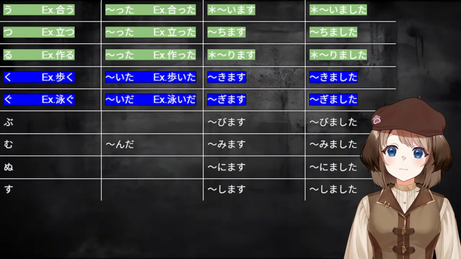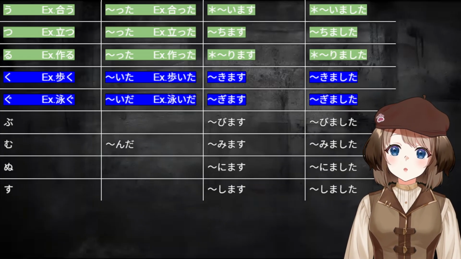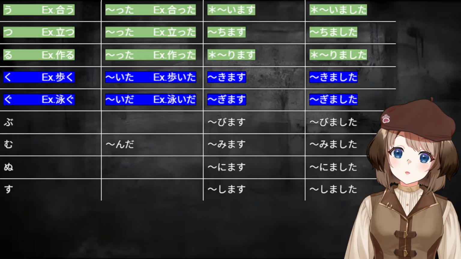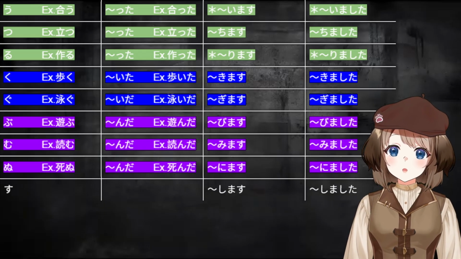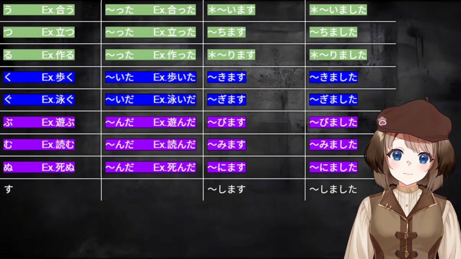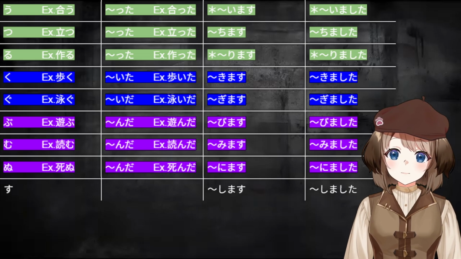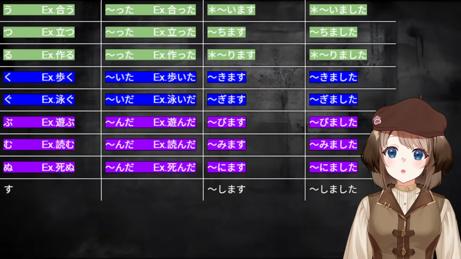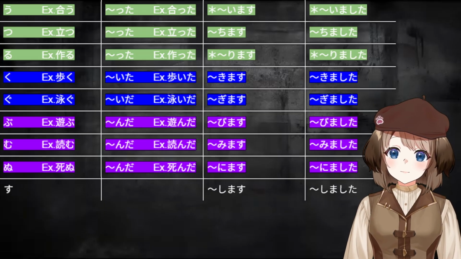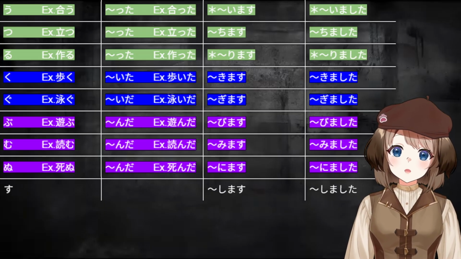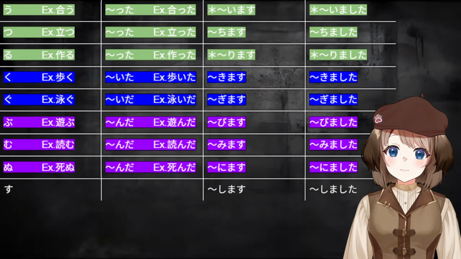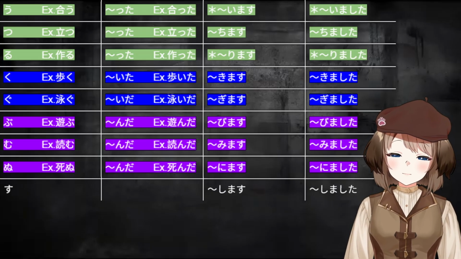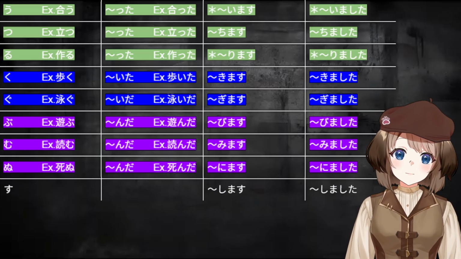Bu, mu, and nu verbs are all going to form their own subset as well, all taking the nda ending as their plain past, right? So asobu, to play, becomes asonda. Yomu, to read, becomes yonda, I read it.